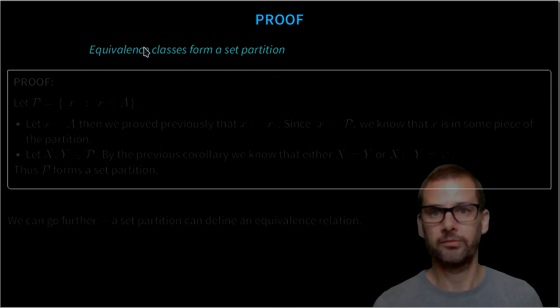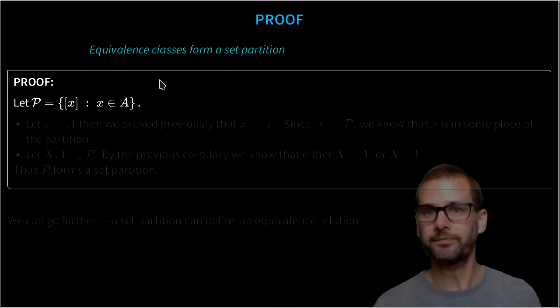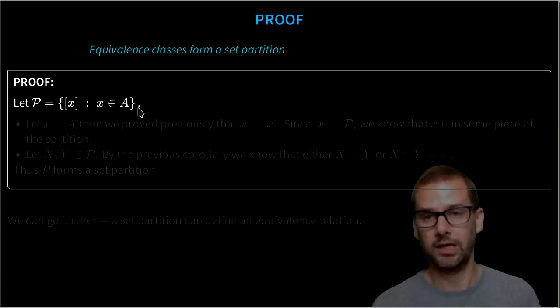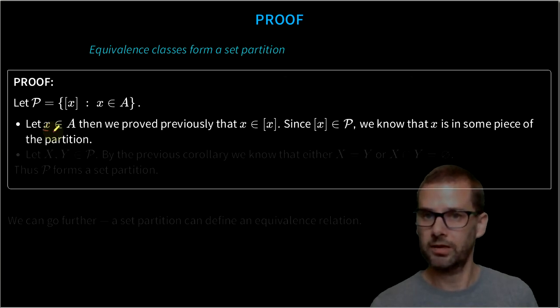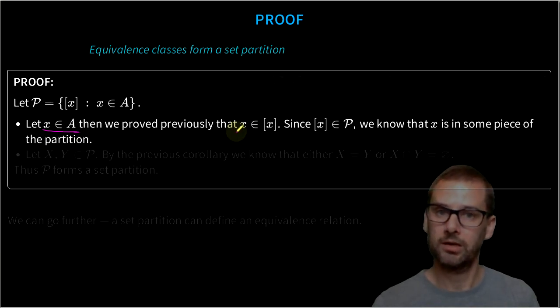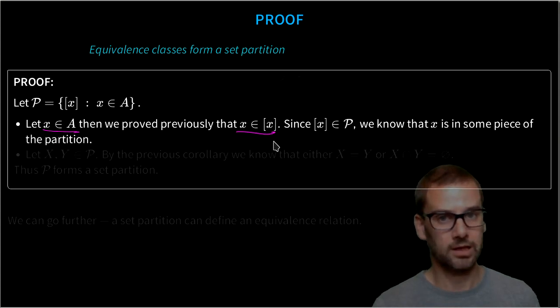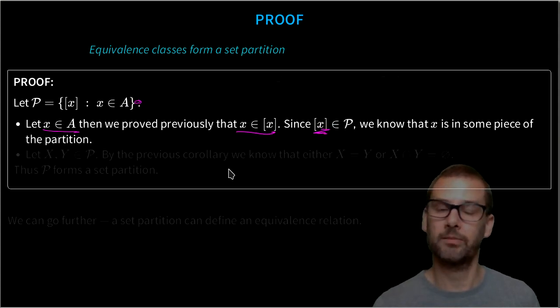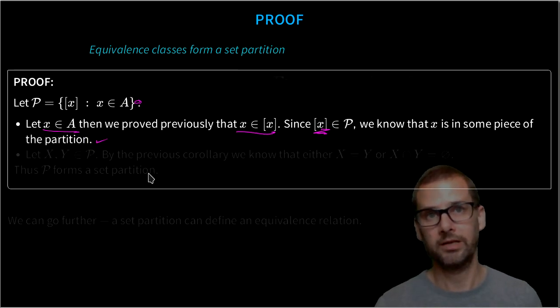So here's our proof. Equivalence classes form a set partition. Define our set partition to be the set of all these equivalence classes. Then we proved previously that if we pull out some element of the set, it's in its own equivalence class. And since every equivalence class is sitting inside our partition, we know that X is in some piece of the partition. One bit done.